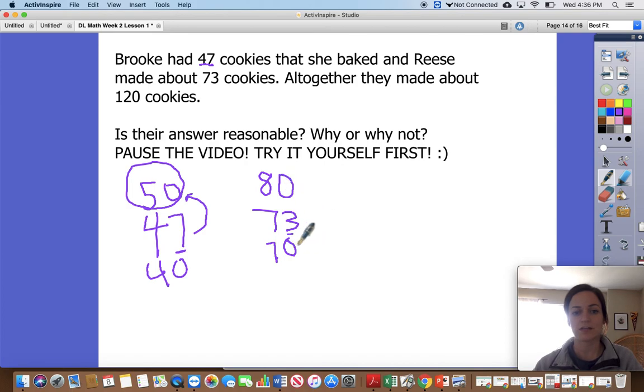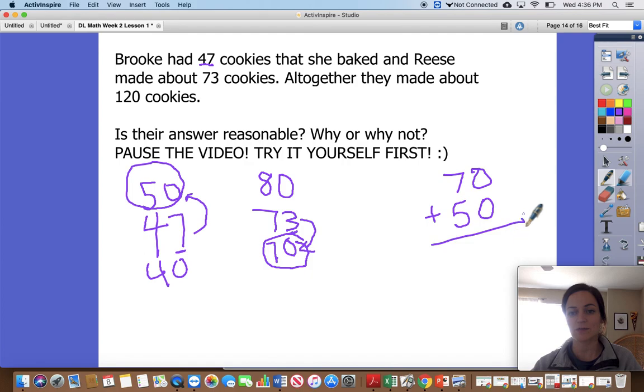I'm looking at the 3. 3 is smaller than 5, so I'm going to round down. Reese baked about 70 cookies. 70 that Reese baked, plus the 50 that Brooke baked. Let's see about how many cookies they did. 0 plus 0 is 0. 7 plus 5 is 12. 120 cookies. That is exactly what it said, right? So yes, I would say this answer is reasonable.